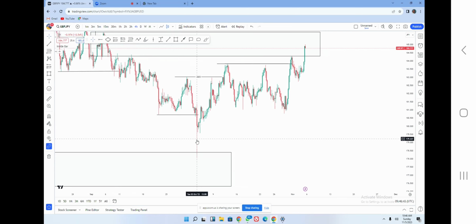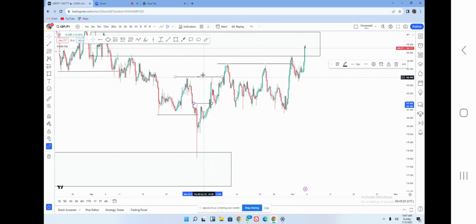This is the 4 hour break of structure. We came back here, but the change of character on the 4 hours was here, right here. You see, the market broke down, came back, broke the high that took this low down, and that was it. This was the 4 hour break of structure that we have here.